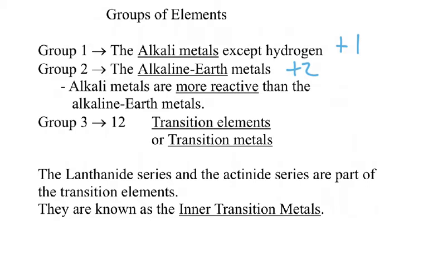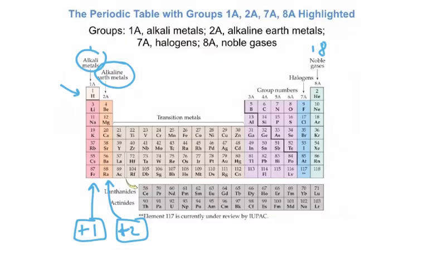All right, so let's take a look at groups 3 through 12. Groups 3 through 12 are known as the transition elements or transition metals. So this is group 3 all the way to 12 over here. That entire region is known as the transition metals or transition elements. Now, think about this. In group 3 over here, the lanthanide and actinide series belong to group 3. So they are technically transition metals too.